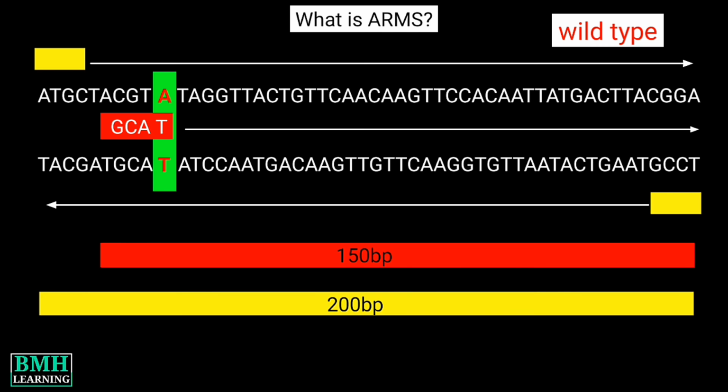Let's say it's 150 base pairs in length. So we are getting two fragments actually. The 200 base pair fragment is between these two primers, and the 150 base pair fragment is between the wild type allele specific primer and the reverse primer.